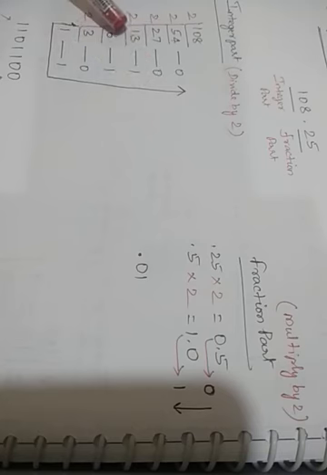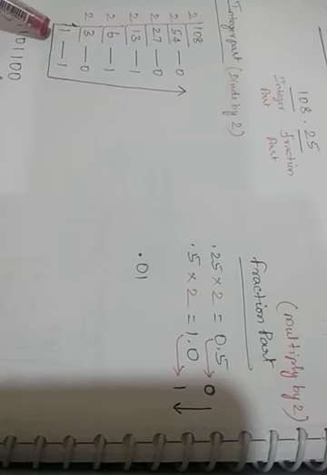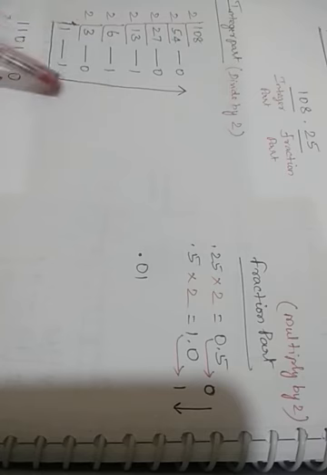Again dividing, I get 13, remainder 1. In the same way I continue until it reaches 1. Then write the values from bottom to top.